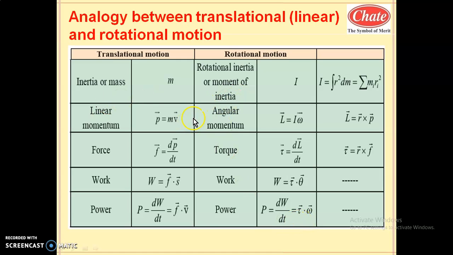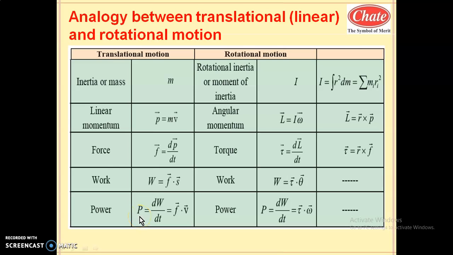So from this table you will understand that whatever your knowledge of translational motion, similarly you have to apply it for rotational dynamics, for rotational motion. Only in place of mass, now you observe the I. In place of v, you will observe the angular velocity, that is omega. In place of linear momentum, here the term is angular momentum. In place of force, here the term is torque. So these are the analogous quantities.